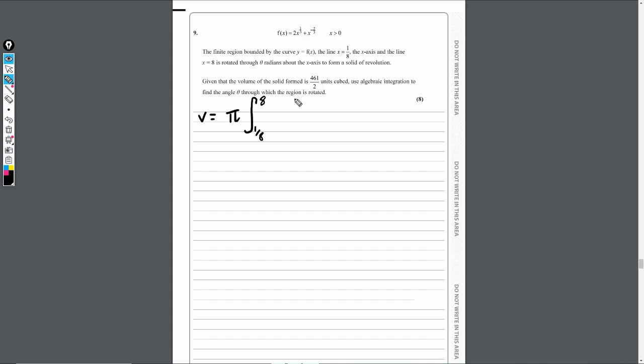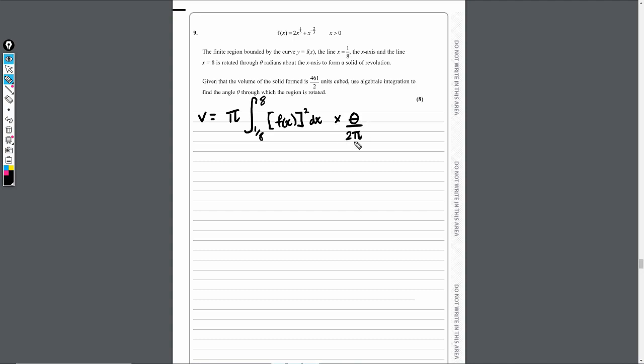And we're integrating the function here, f of x. So it'll be f of x squared with respect to x. And then to find the angle theta to which the region is rotated, well, I'm going to have to times this by theta over 2 pi.